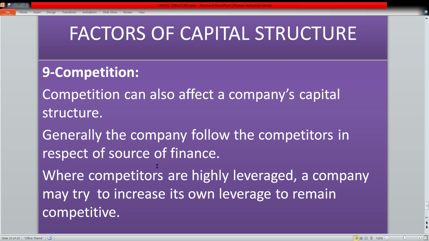We have discussed the optimum capital structure in class 1. Optimum capital structure is an ideal capital structure, the low interest capital structure, the low cost capital structure, and our total objective is to reach at the optimum level.